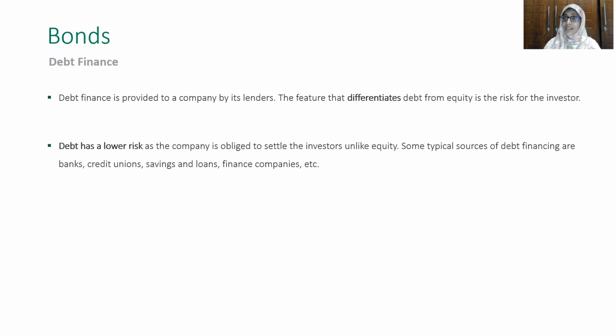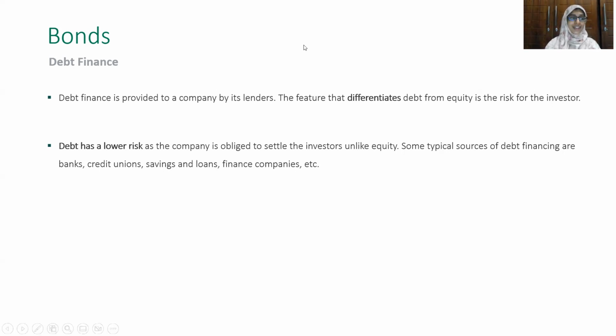Every year there is a mandatory payment. If an annual payment is required or mentioned, that means the company needs to pay it. The company is legally obliged. Because of that, unlike equity, their risk will be lower. And so let us talk about some typical sources of financing methods. One is the bank, then the credit unions, savings and loans, and the amounts that you get from finance companies.